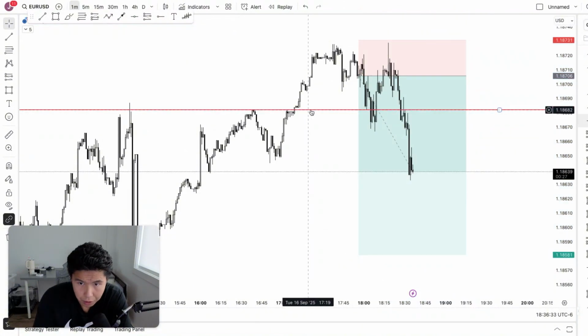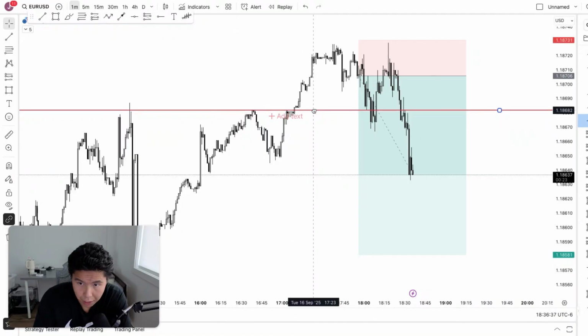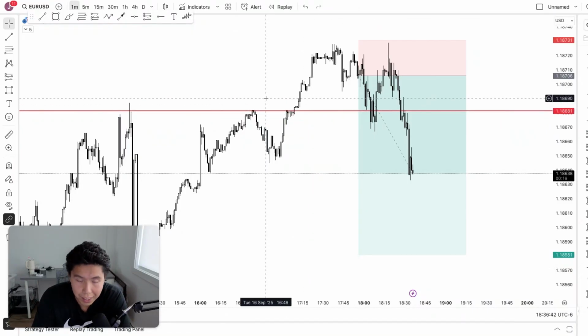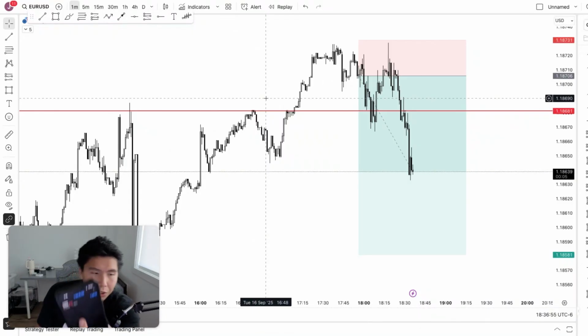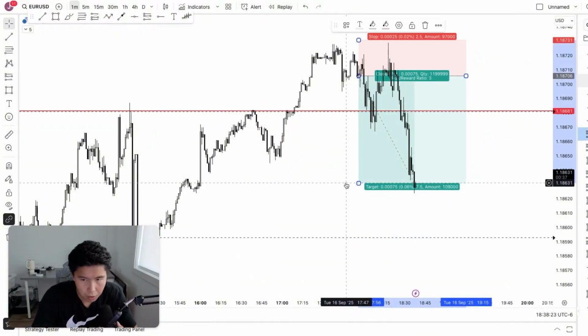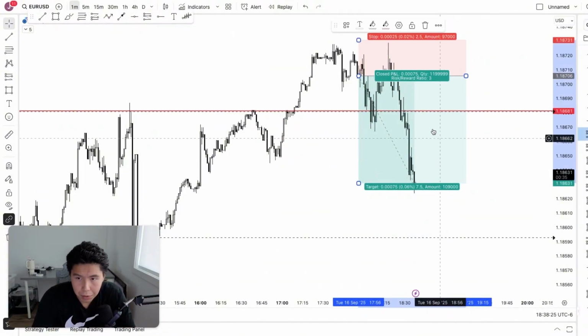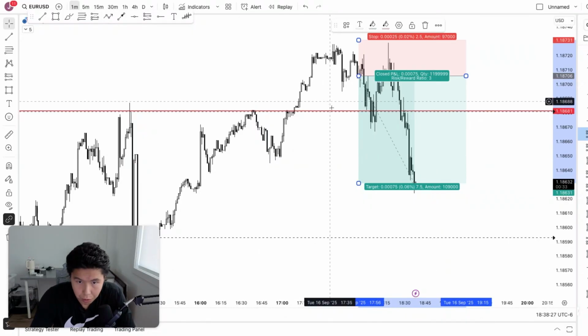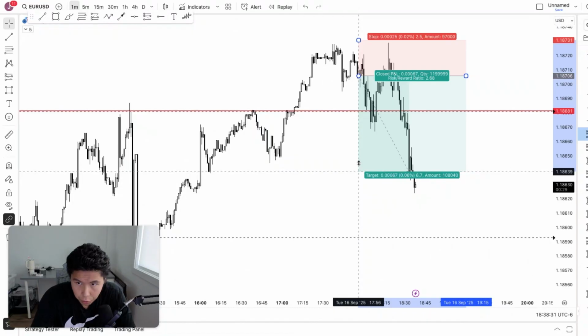So I walked my stop loss to here to lock in 1 risk factor. And then we're just gonna let the rest of the trade figure itself out. Currently up $3,400, if you guys can see that. Since we're scalping, every single time we go into another risk to reward, I'm gonna move my stop loss to the next one.